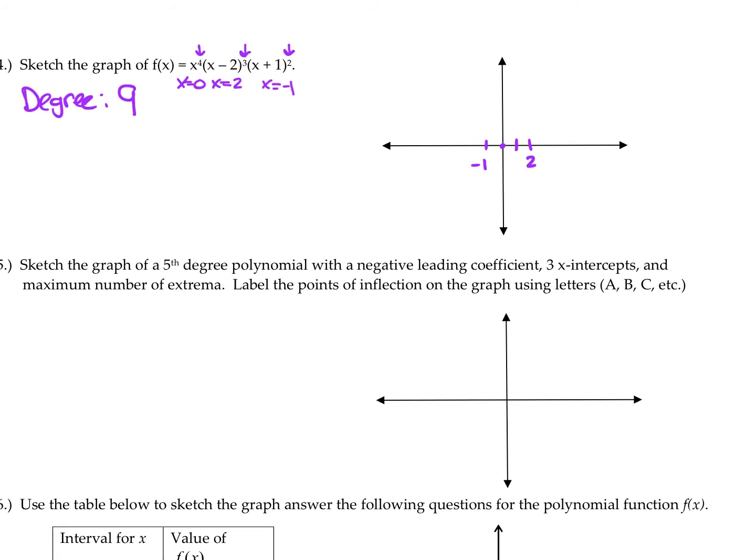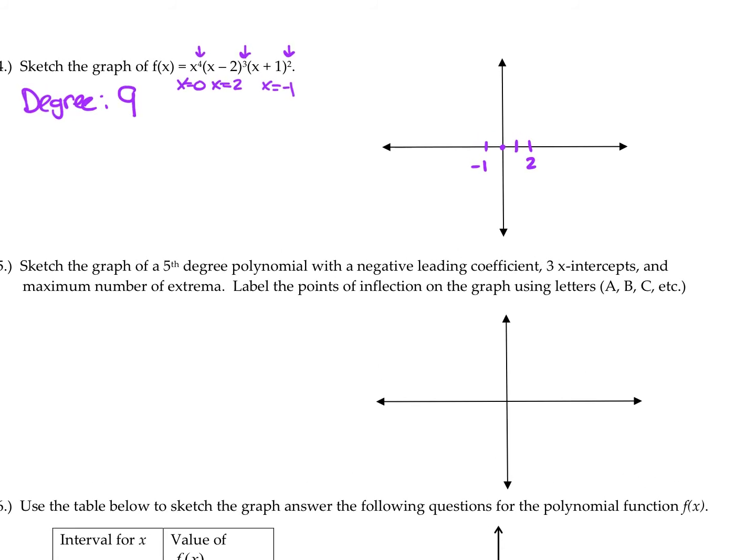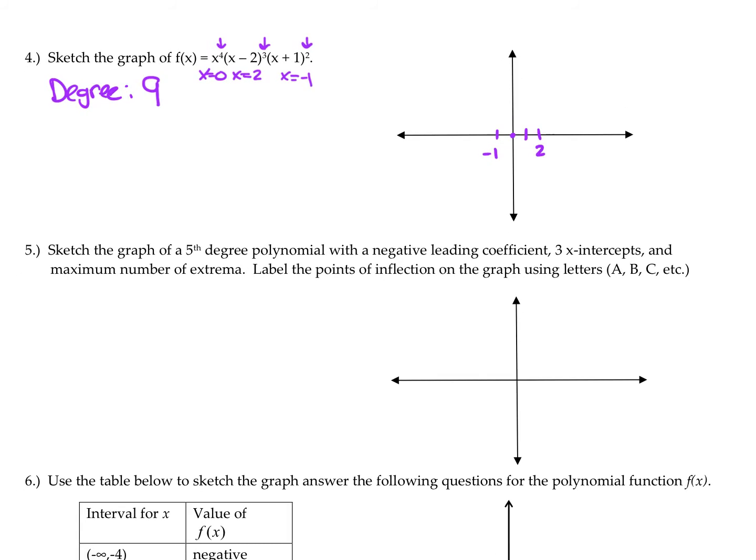At 0, it is even, so I know that it's going to just touch at that point. At 2, it's going to go through because it's odd, and at -1, it's also just going to touch. Now my leading coefficient is positive, and this is an odd function, so I know it's going to be increasing on the right and decreasing on the left.